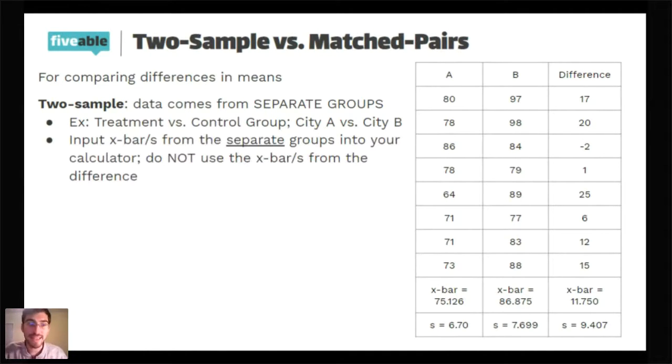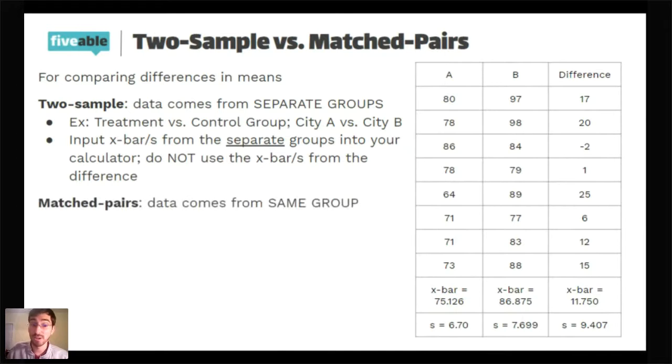However, if group A and group B are actually the same group of individuals with two different data points, so pre-test, post-test, or a matched pairs experiment where everyone does both treatments in a random order, and these are the results, and the 8 lines actually come from 8 people in the experiment, that's a matched pairs test.